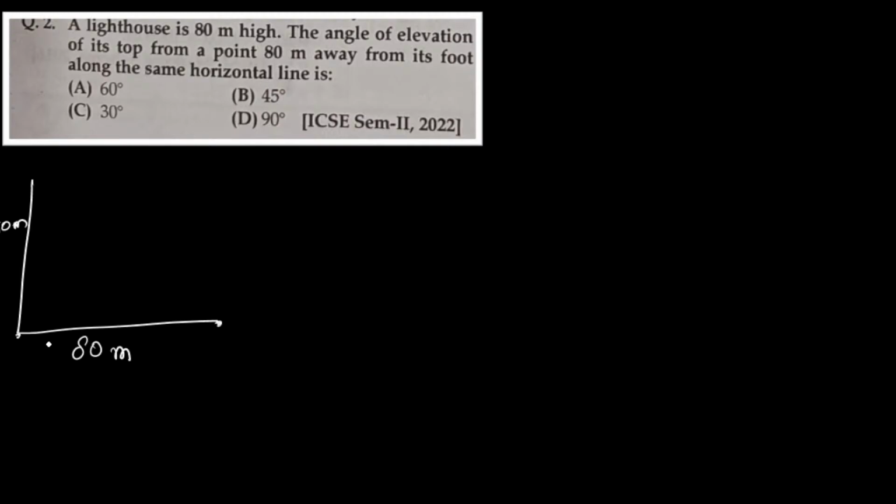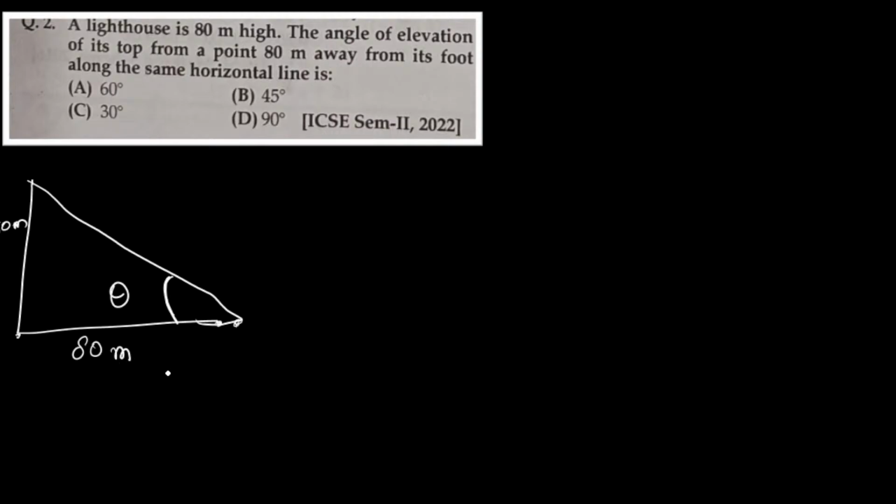Suppose theta is the angle of elevation. The lighthouse height is 80 meters, and at this point where it makes an angle theta, the distance from its foot is also 80 meters.